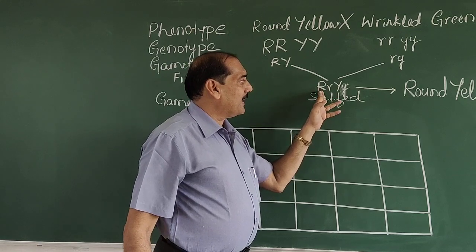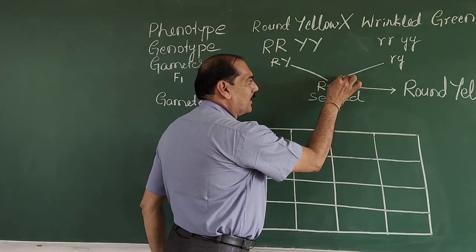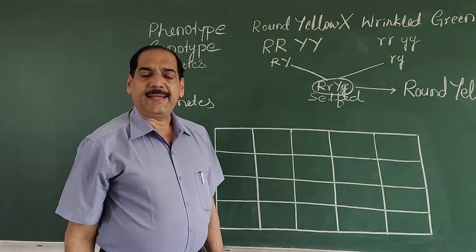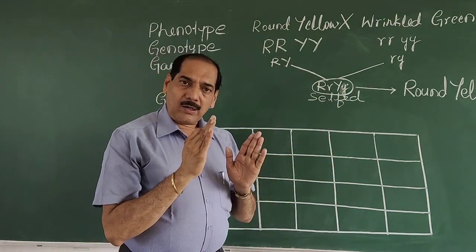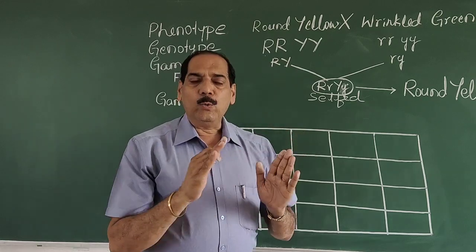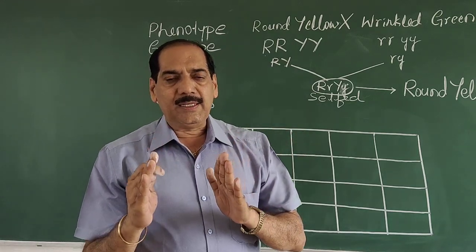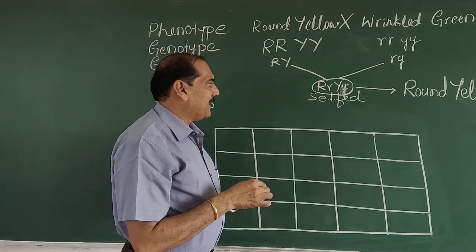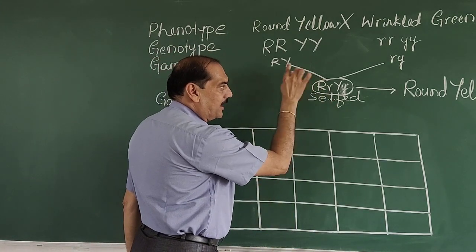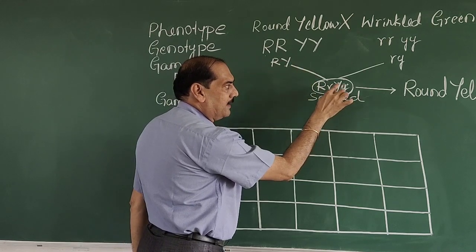How many types of gametes are produced from this hybrid plant? See, you take one character or one factor from the shape of the seed, one factor from the color of the seed, and make a combination. So R, round, Y, yellow.